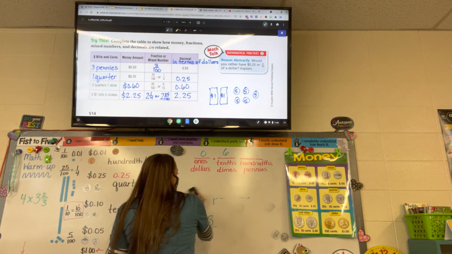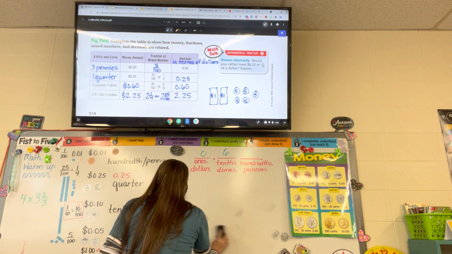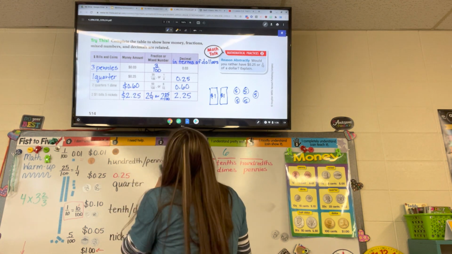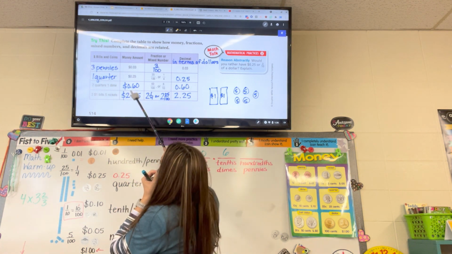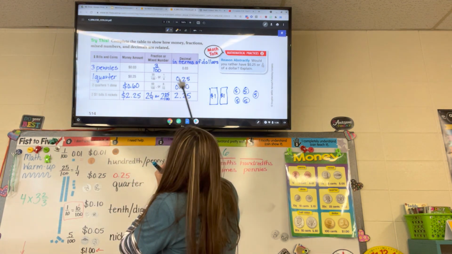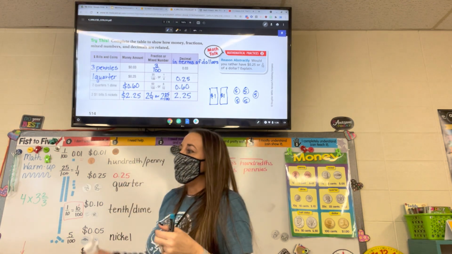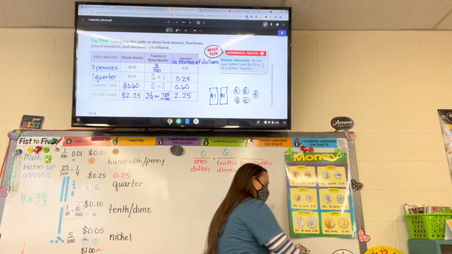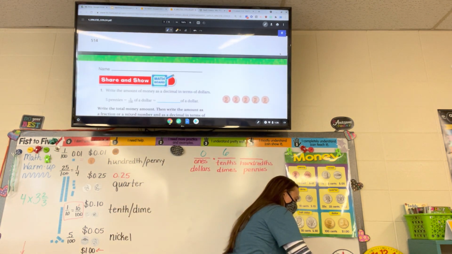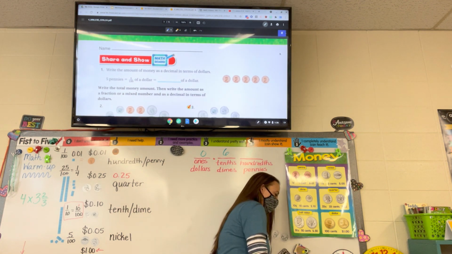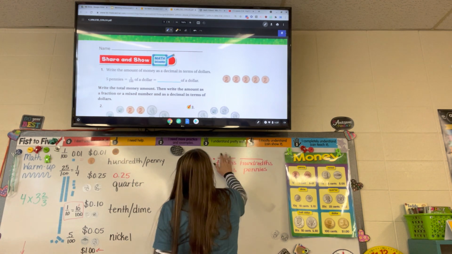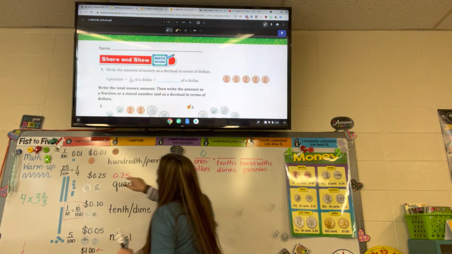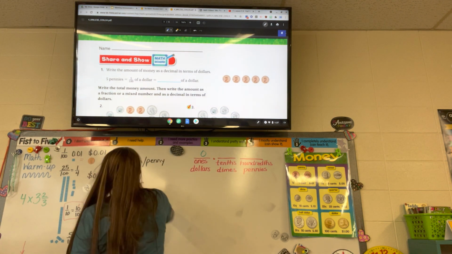So on the assignment today, guys, they're basically looking for 3 things. They're going to give you a money amount, cash, and then you're going to write these 3 things and make sure they're equivalent and they match up just like we did yesterday. So if they give you 5 pennies, we know pennies are hundredths.